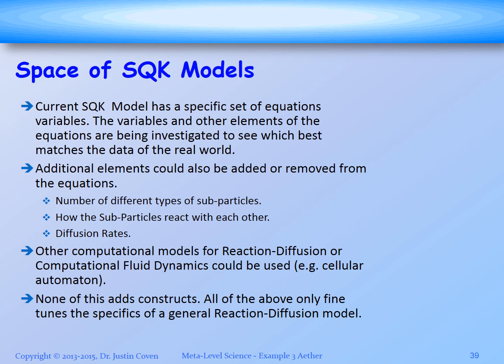So variation in the space can be by the elements, but also by the modality of computation. None of this adds constructs. All of the above only fine-tunes the specifics of a general reaction diffusion model or subquantum kinetics model.